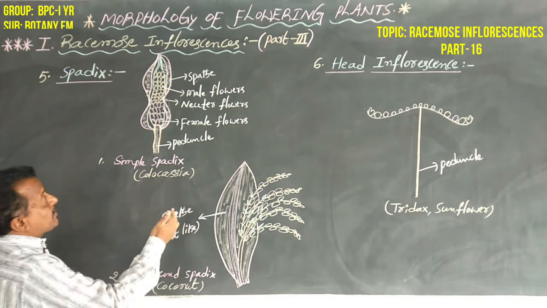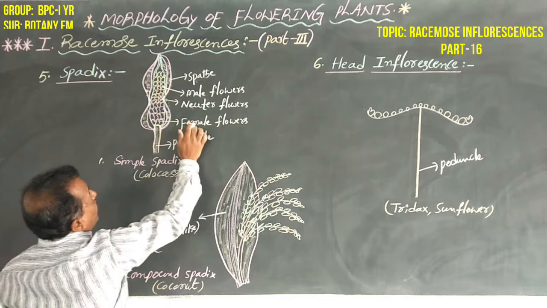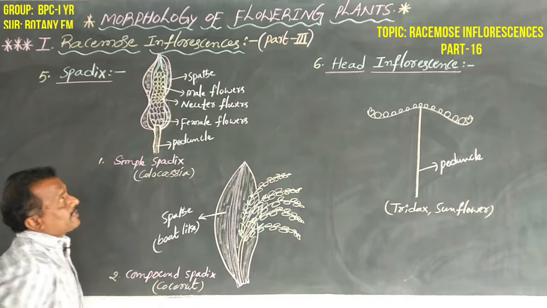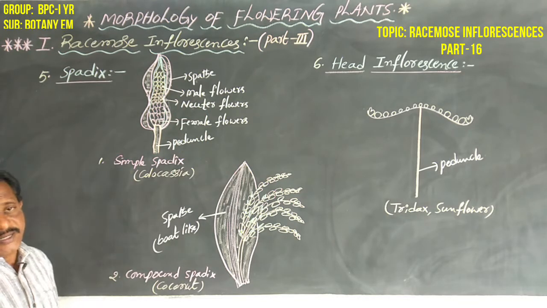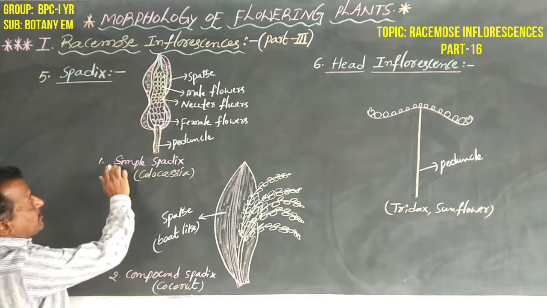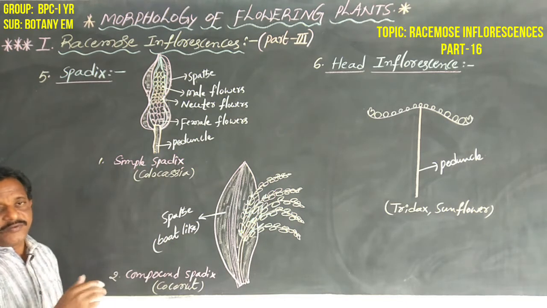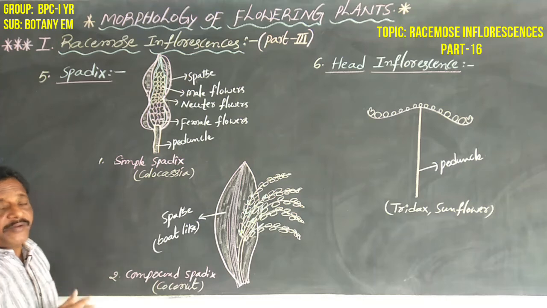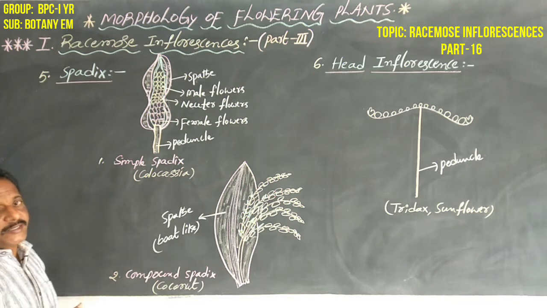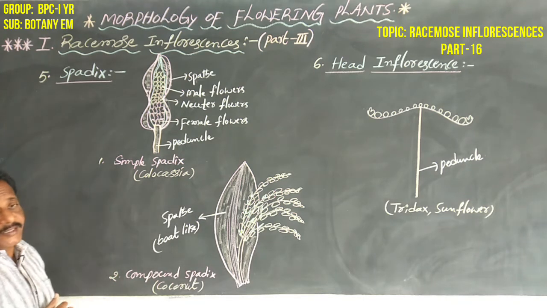This spathe covers and protects the female flowers, male flowers, as well as neuter flowers. That is simple spadix. Once again, the fifth type of racemose inflorescence is spadix.